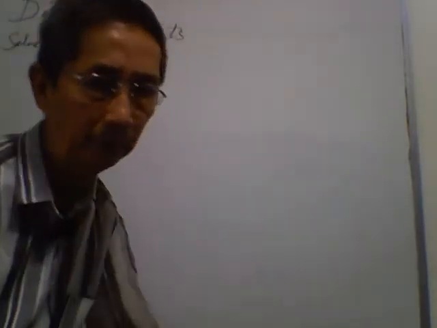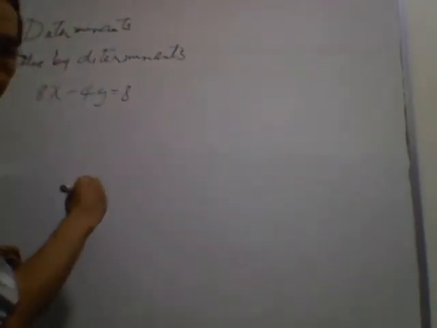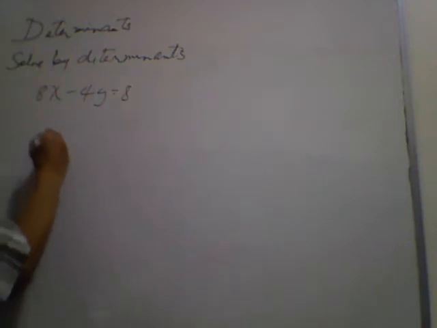For our sample number 2, we have here 8x minus 4y is equal to 8, and x plus 3y is equal to 22.